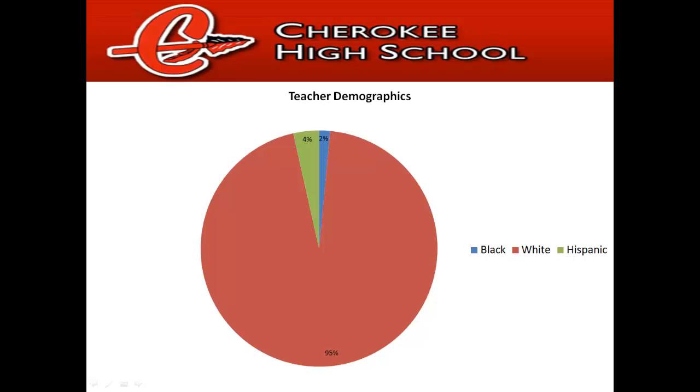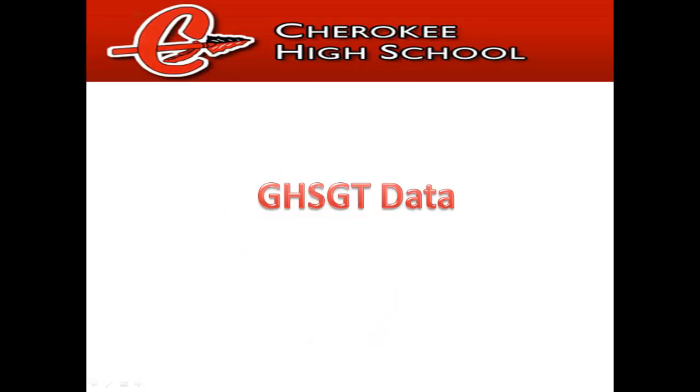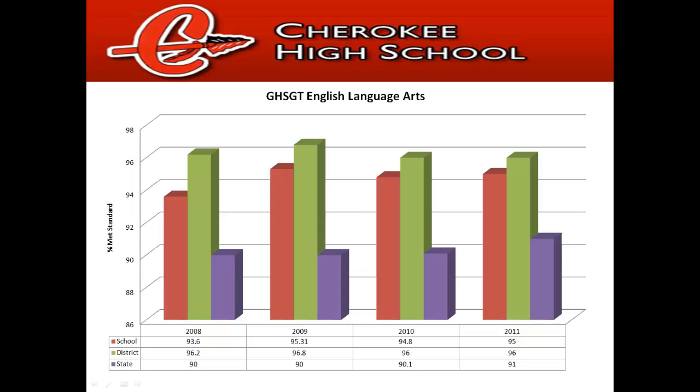Now, moving on to some testing data. We'll start with the Georgia High School graduation test data. Starting with the English Language Arts test portion of the high school graduation test, you can see that the school in 2008 had a 93.6% meet the standards. And by 2011, that had increased to 95%.